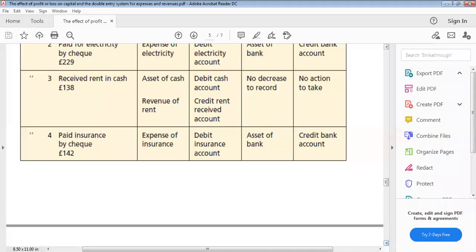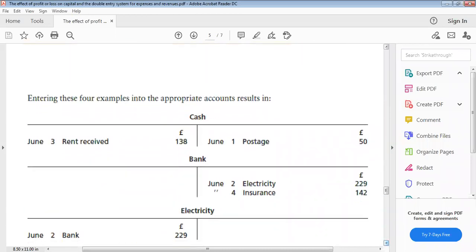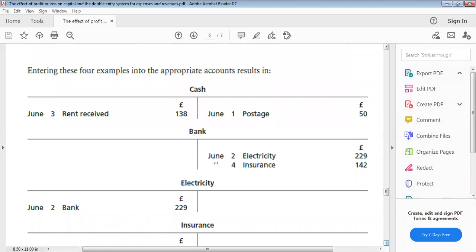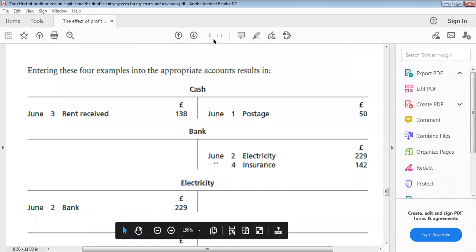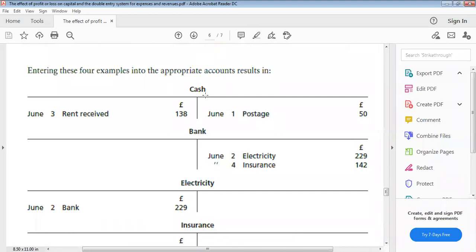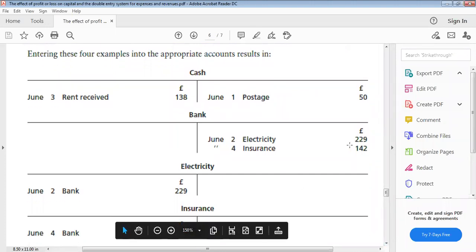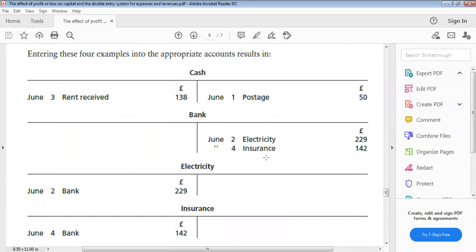So in summary, these are what I wrote a while ago: cash, bank, rent receive, postage, June 1, June 3, bank, June 2, electricity, 229, insurance, June 4.